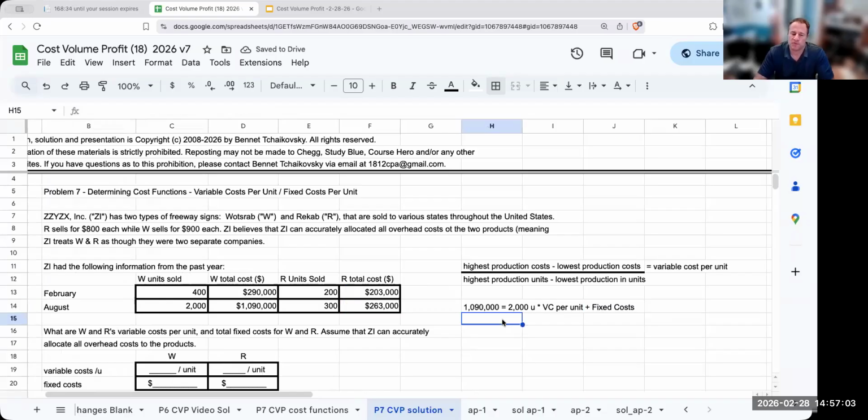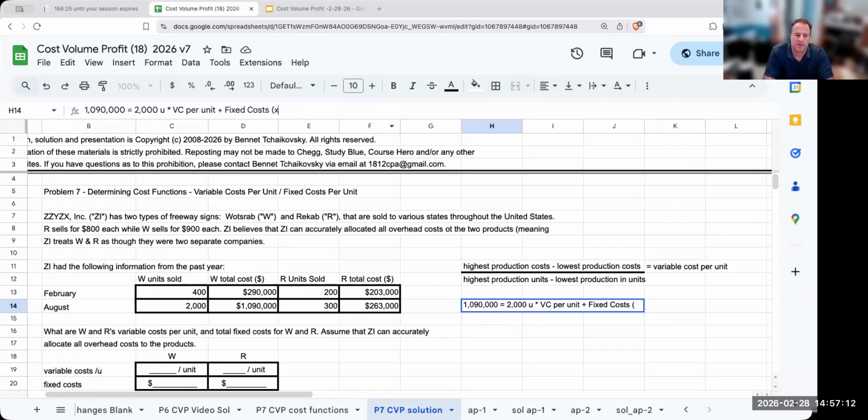Now, the important thing is we also want to make sure that the fixed costs are going to be the same. We'll just call this fixed cost X.